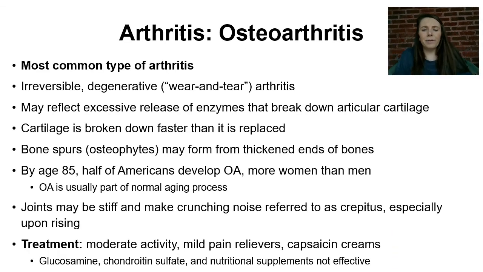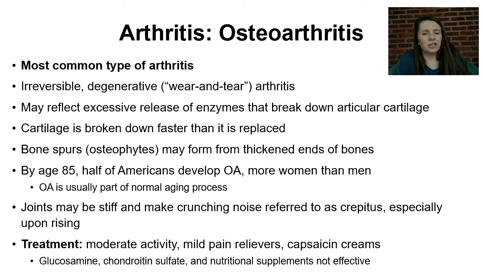So osteoarthritis is the most common type of arthritis. It is this irreversible, degenerative, wear and tear type of arthritis, and it may be caused by excessive release of enzymes, which tend to break down the articular cartilage.